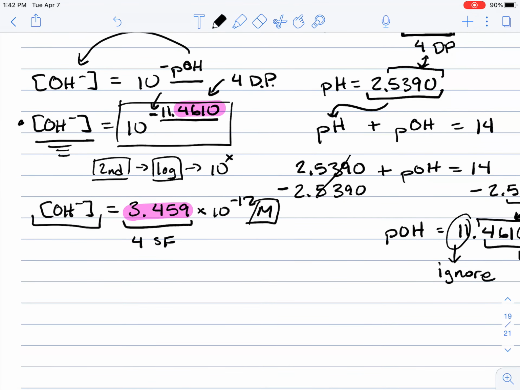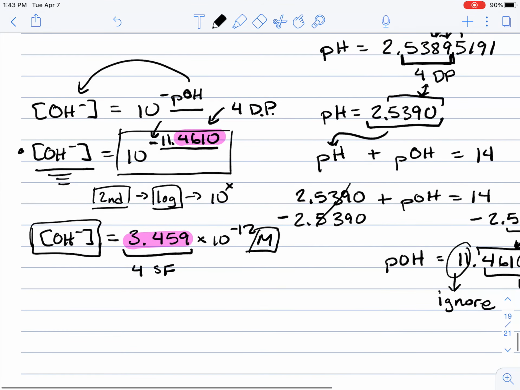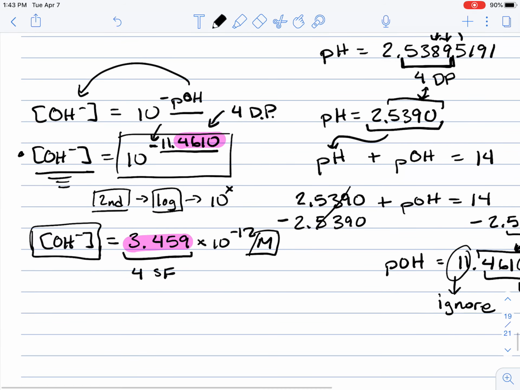When you're going back to concentration, it's as if life is normal, right? You don't care if those digits are after the decimal or before a decimal. It's literally the first 4 digits that you see. Make sure that you're rounding it correctly. Life is only complicated when we're taking the negative log of a specific value.